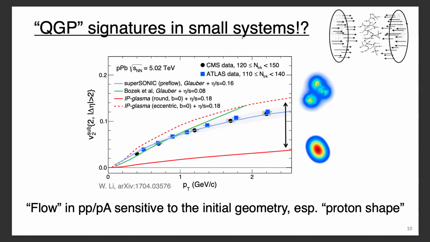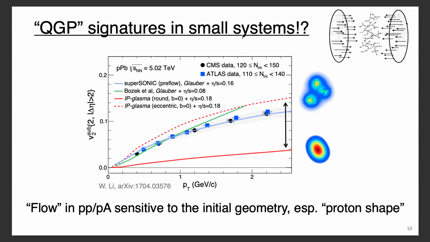You can change the eta over s, or this model has pre-flow, some kind of dynamics before hydrodynamization, and you could also describe data. This is kind of a challenge, that the initial state is harder to control because modeling the shape of the proton is difficult. But on the other hand, it's also an exciting opportunity that we have some data that are sensitive to the shape of the proton.